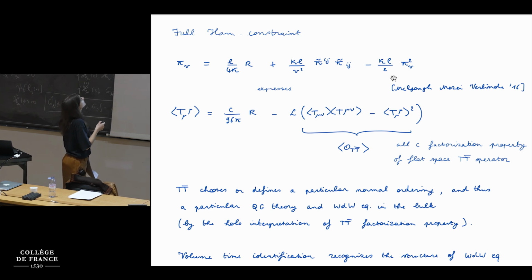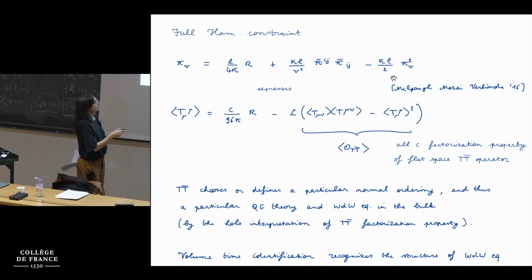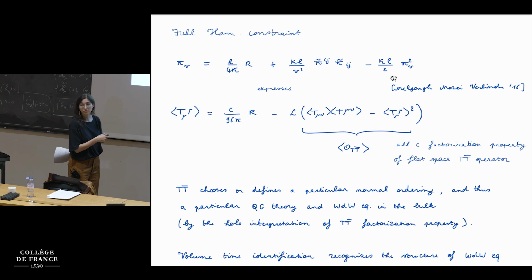And indeed, if you add the non-asymptotic terms back into the full Hamiltonian constraint, then the full thing expresses what is known as the trace flow equation in TTbar. So this is the dual interpretation. This was discussed in McGough, Mezei, Verlinde, where the object between the brackets is the expectation value of your TTbar operator.